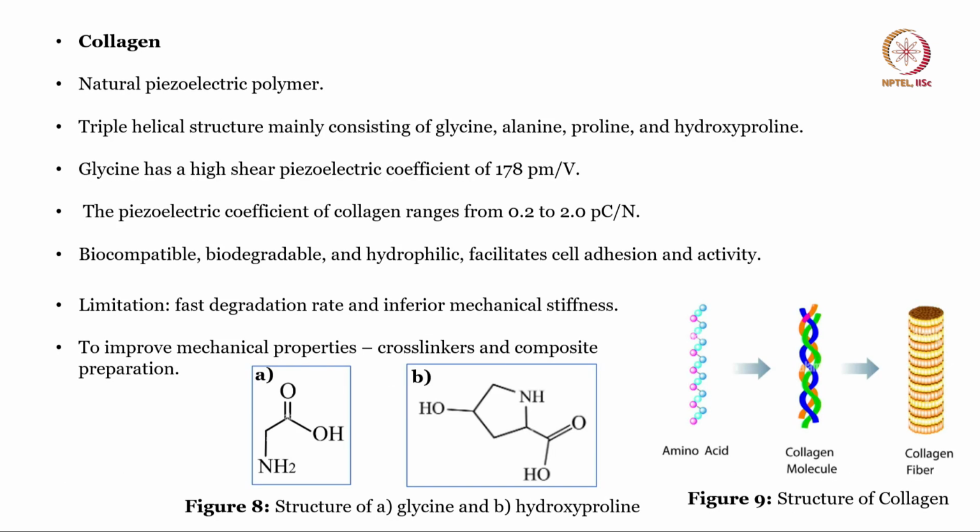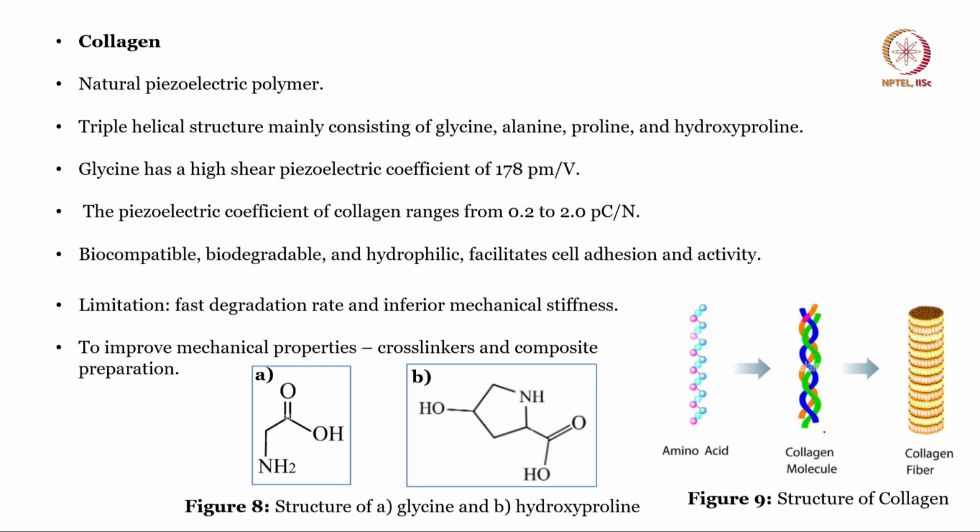The next polymer is collagen. Collagen, all of us know, is of animal origin. It is a major polymer found in bones, ligaments, tendons as well as cartilage. This collagen is a natural piezoelectric polymer, and the structure of collagen, as you see here in the figure, is a triple helical structure.